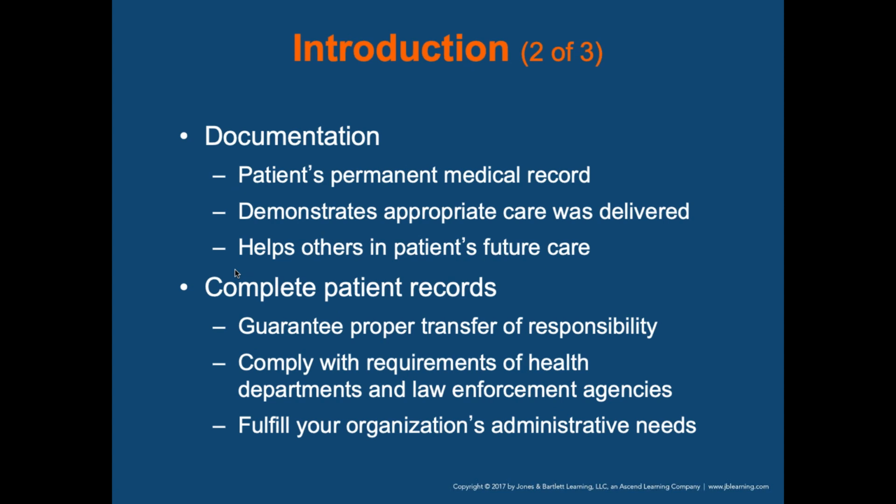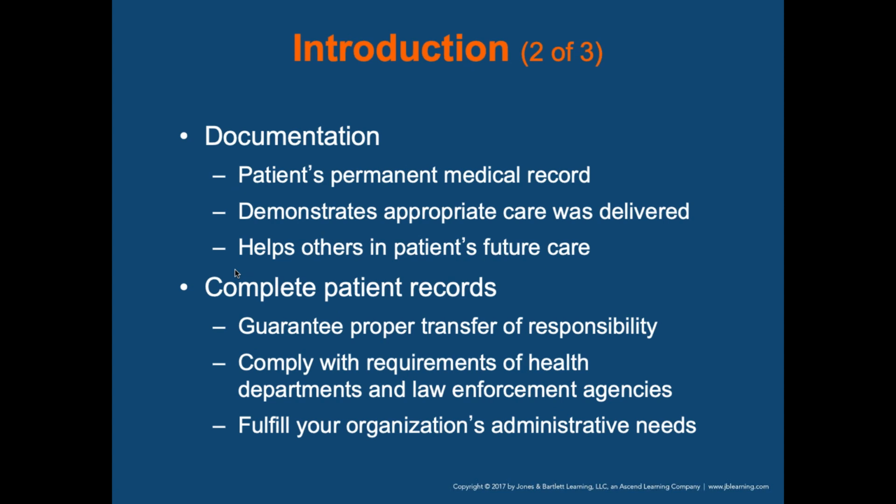And even if the patient gets transferred from a critical access hospital to, let's say, Maine Medical Center, Dartmouth, Portsmouth, the bigger level 1, level 2 trauma centers, our run report actually goes with the patient's chart, so the physicians down there can see what happened. It also demonstrates appropriate care was delivered, because remember, if it wasn't documented, it didn't happen.